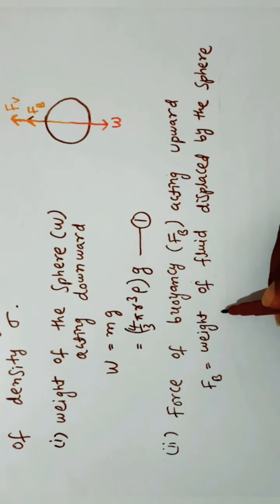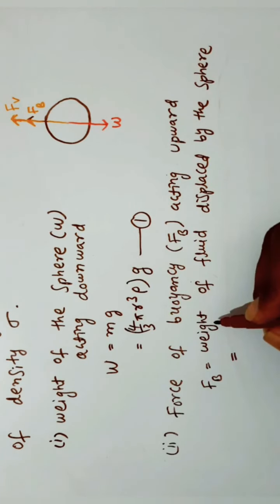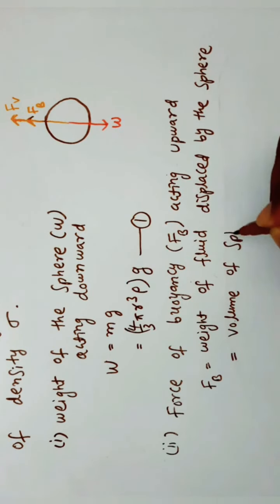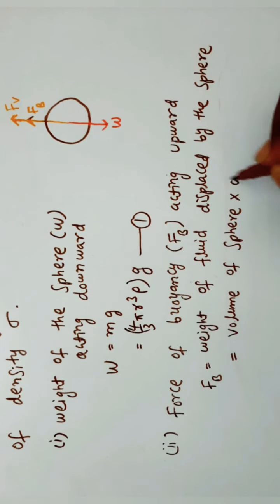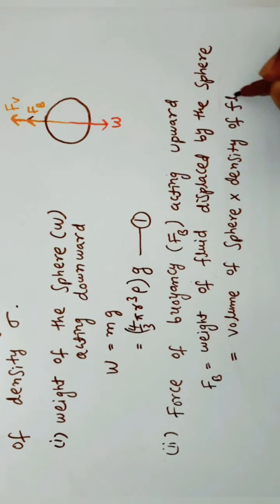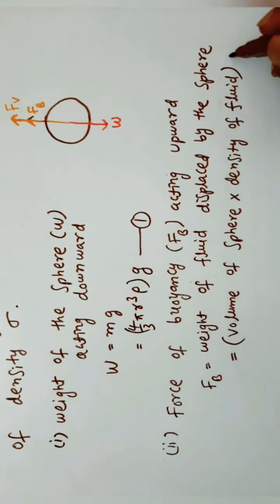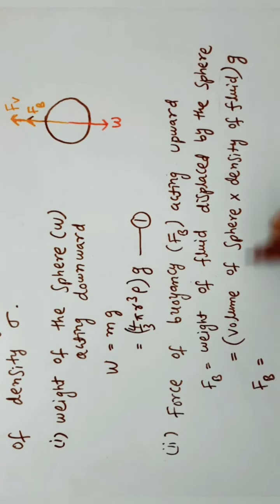Here m we can write as volume into density. So volume of sphere into density of fluid into g. So Fb is equal to 4/3 pi r cube sigma g, where the density of fluid is sigma. Let us take this as equation 2.